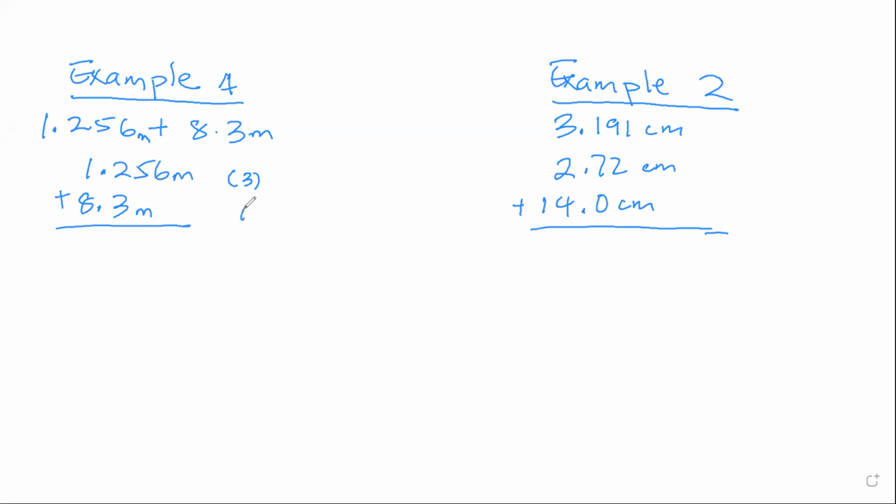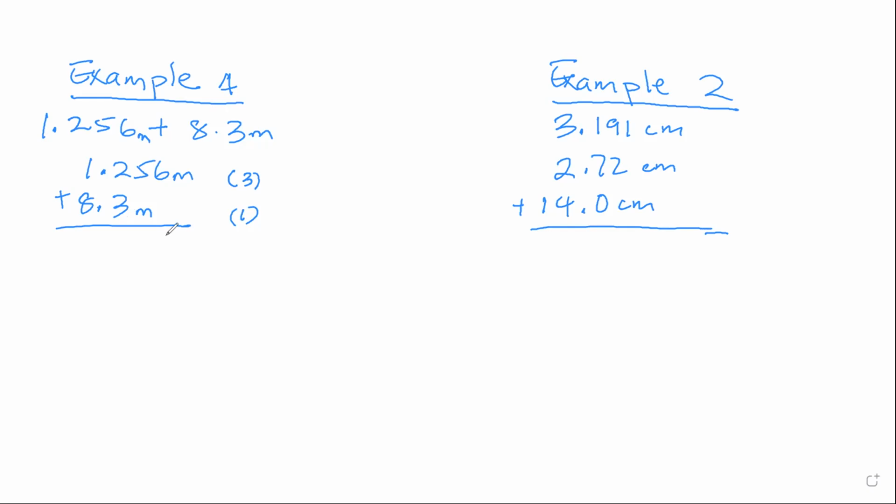The second one is 1. The rule says your answer will have the same decimal point as the one with the smallest. So 1 is the smallest, so your answer will have 1 decimal point.